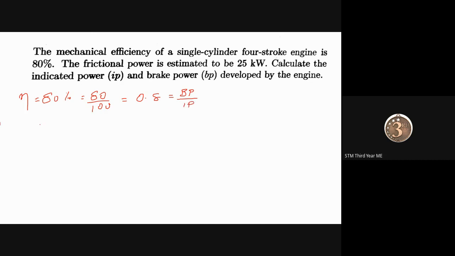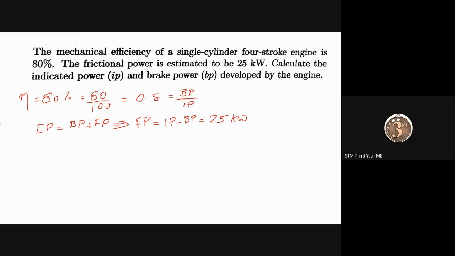And the next, it is given as the frictional power. The frictional power is equal to 25 kilowatts.